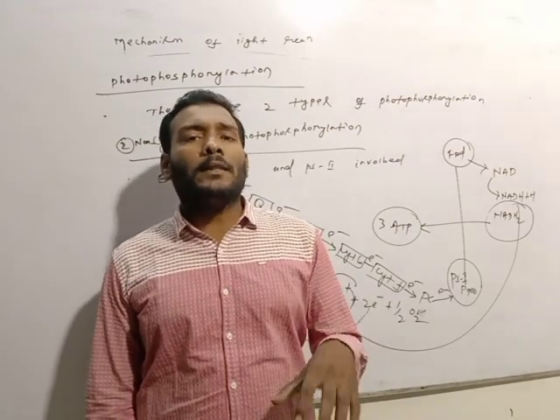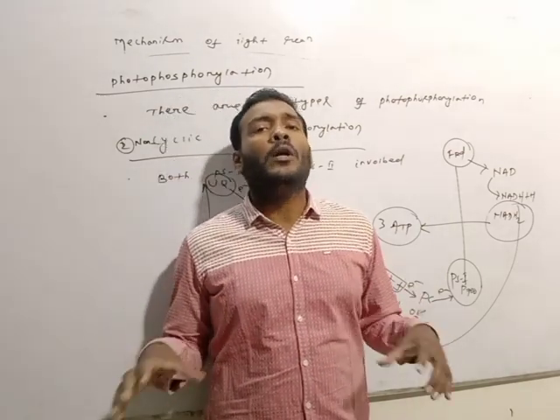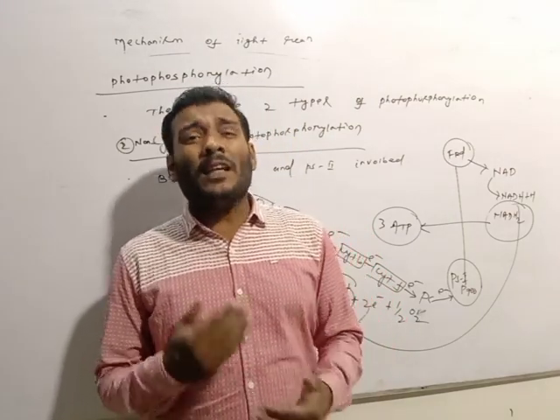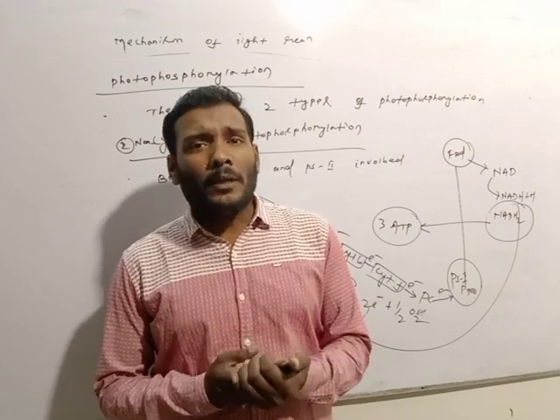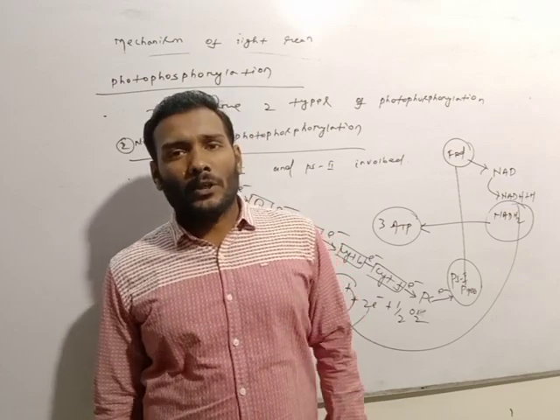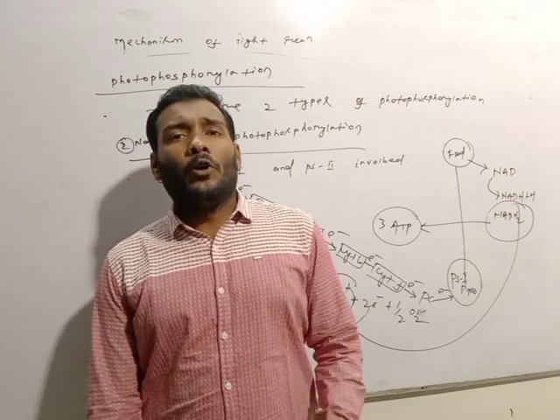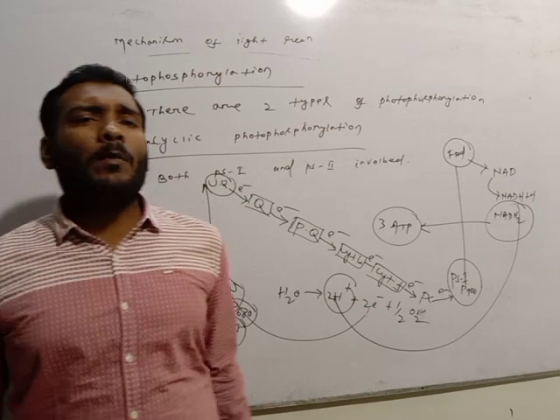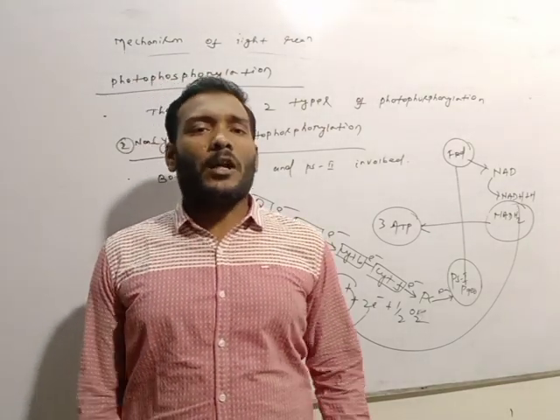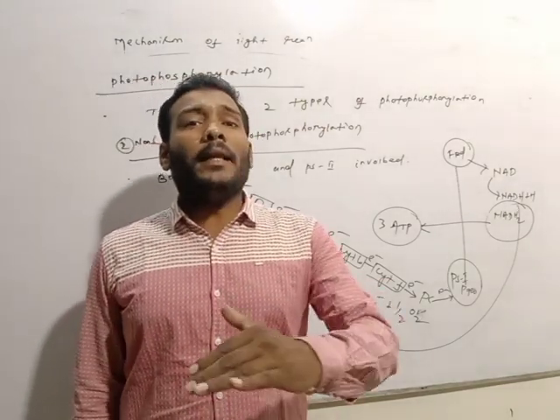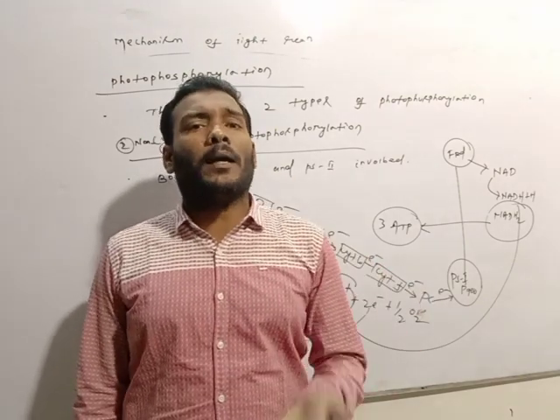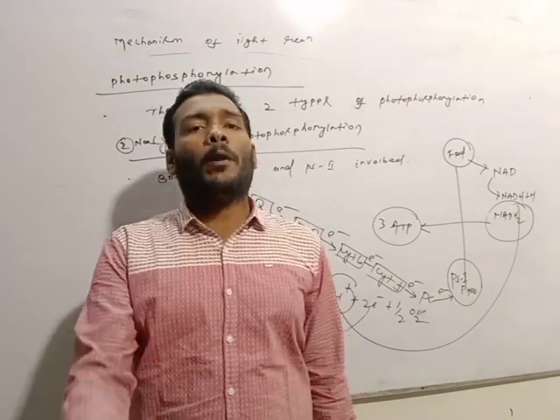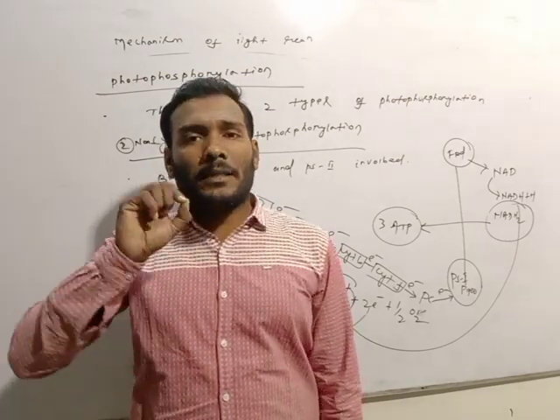Then in the very next step we discussed pigment system 1 and pigment system 2: what the pigments are, what the reaction centers are, and what the role of these pigment systems is in photophosphorylation. Then we discussed that there are two types of photophosphorylation: cyclic and non-cyclic. When an electron is expelled from the ground state, it stays in its higher orbit for 10 to the power minus 6 to 10 to the power minus 9 seconds.